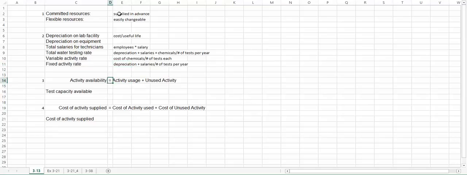And then here they give you the formula that you need to use, but you need to apply the information from the problem. So for this one, it's going to be your test capacity available, which they have already for you. That is going to equal your test capacity used plus your unused.